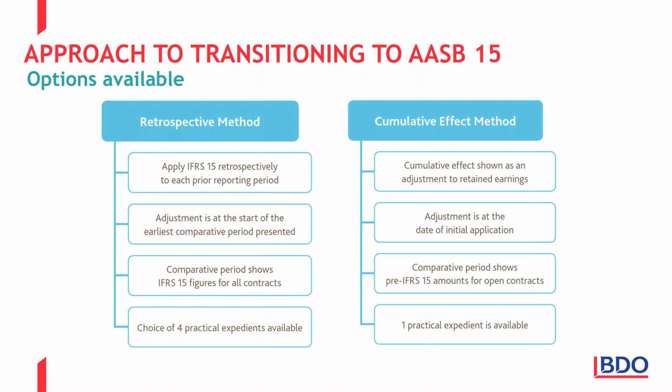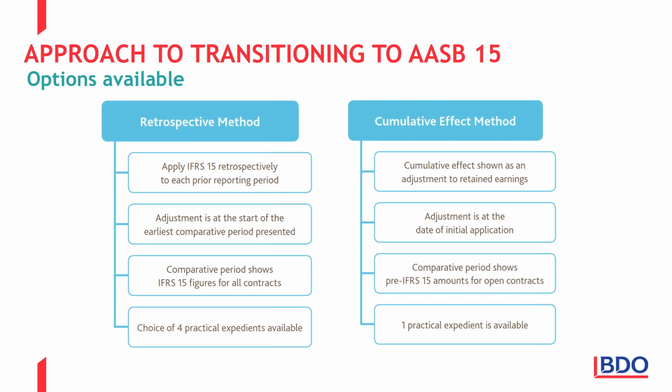When you transition to AASB 15, and very similar transitional requirements to transition to AASB 1058, there are two options available. The one is a retrospective method, and the other one is a cumulative effect method. Now, again, I want to warn you, a number of people have assumed when they saw cumulative effect method, that we do not have to apply these standards retrospectively.